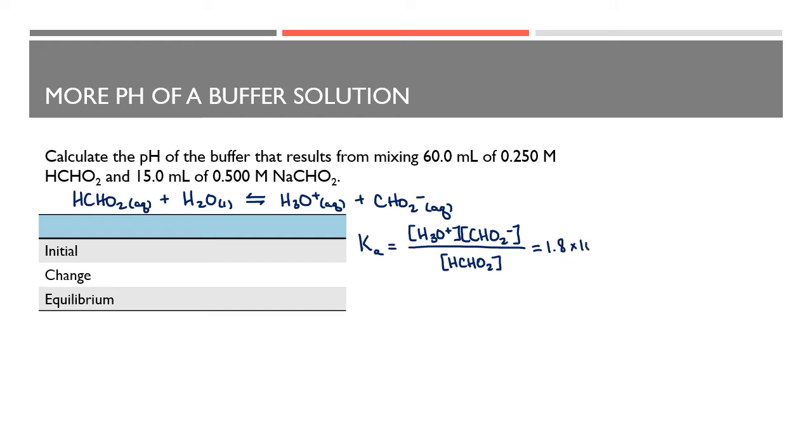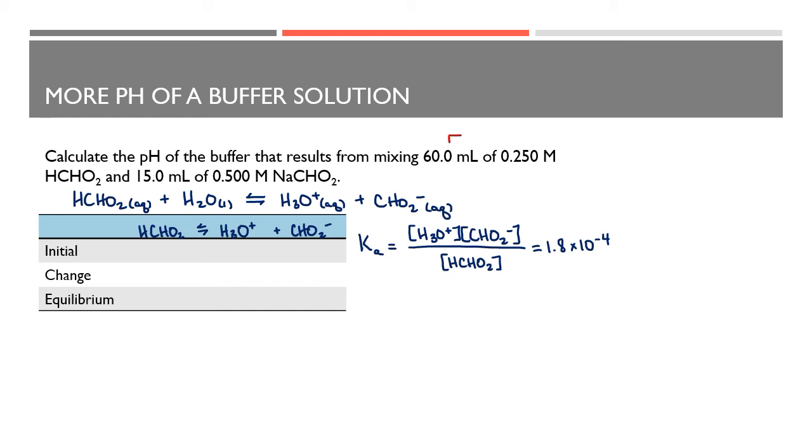So that's all going to equal 1.8 times 10 to the negative fourth because that's the Ka of HCHO2. So I'm going to write out my reaction to fill out my ice table. So HCHO2 in equilibrium with the hydronium and then that conjugate base, the CHO2 minus.